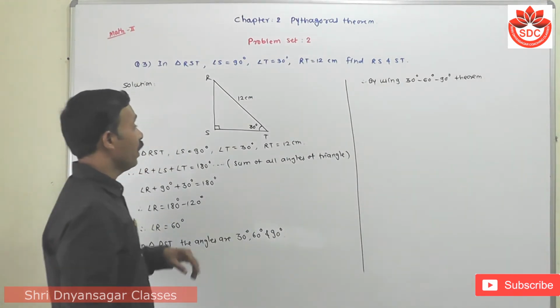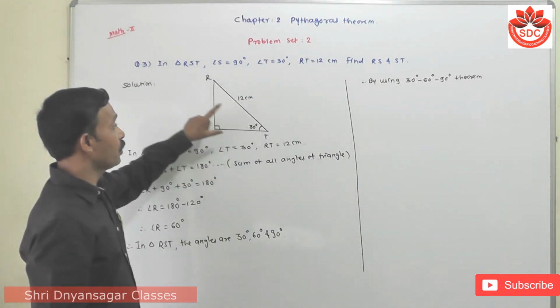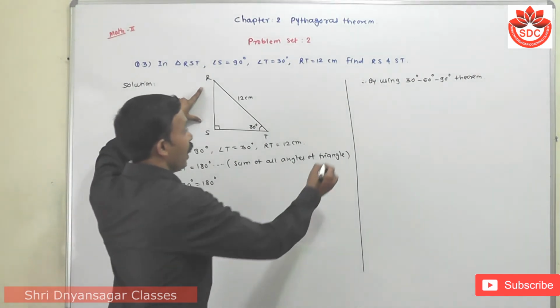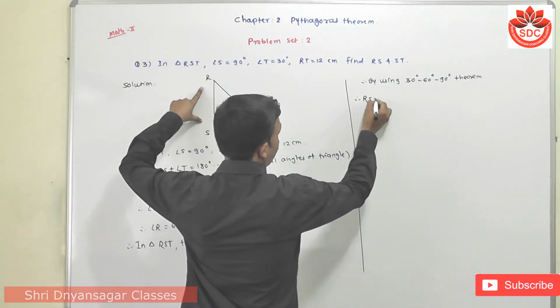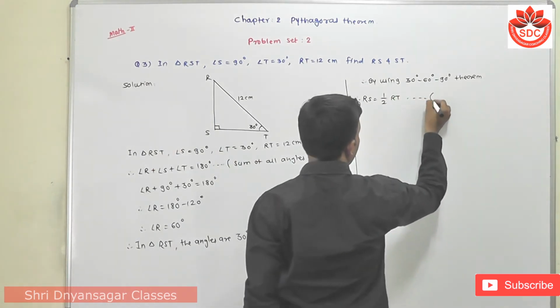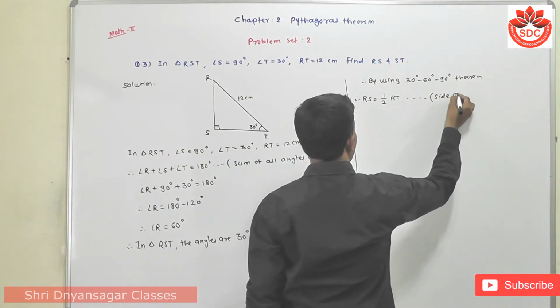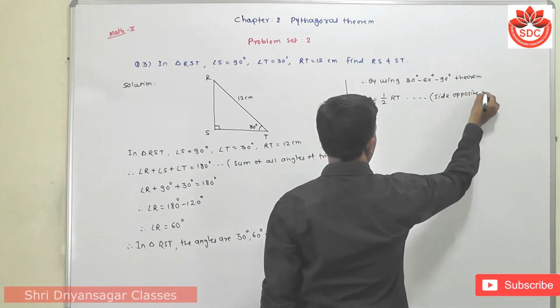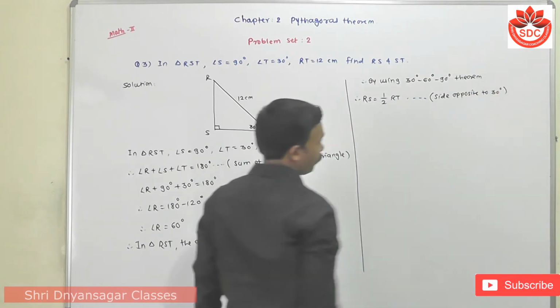First we find the side opposite to 30 degrees, that is RS. Therefore, RS is half of the hypotenuse RT, the reason being that it is the side opposite to 30 degrees.